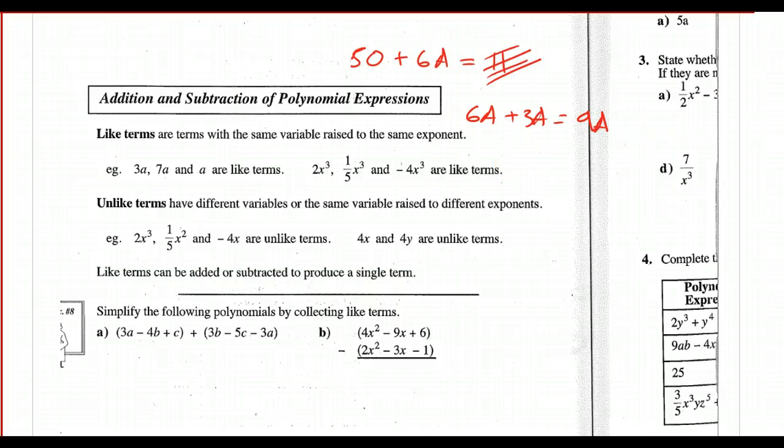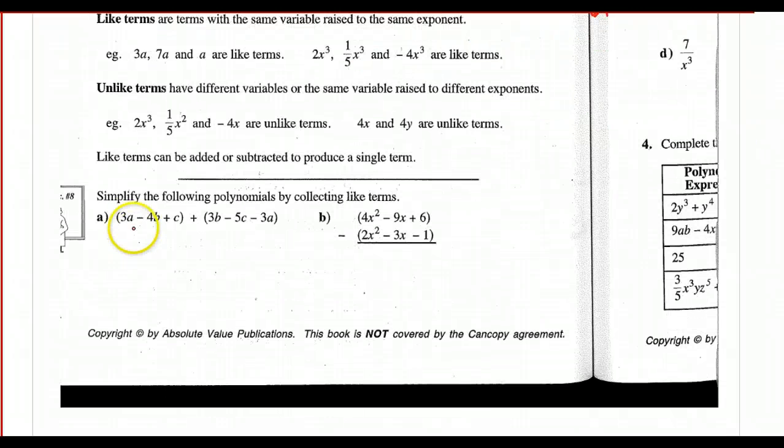Okay, let's do the first example here, and what might help you is if you circle or underline your like terms. So I have some A's here, apples, some apples here. I have some B's here, bananas, and bananas here. And I have some cucumbers here and here.